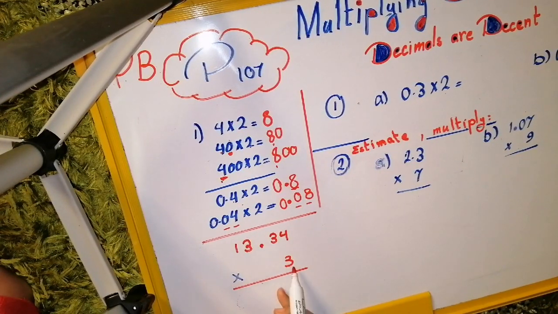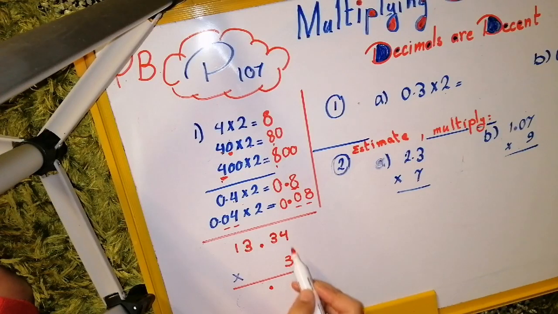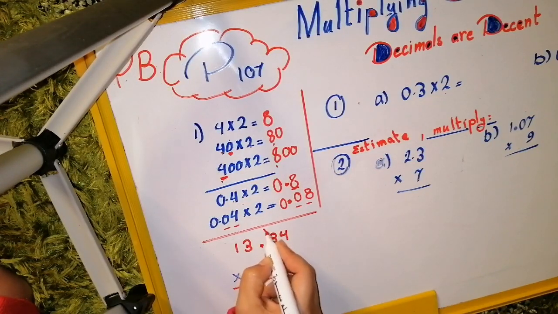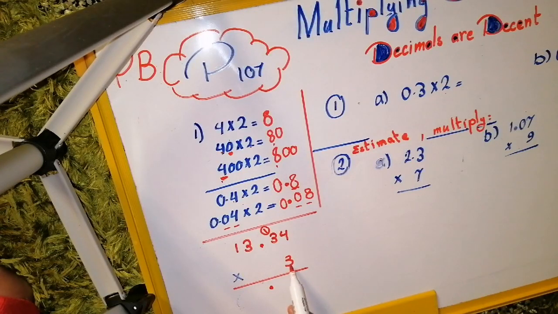Now I changed the 2 and I put 3 instead of it. So let's try the multiplication. As I said before, we put the point from the beginning. I have 2 places. Start from the smallest place, the ones place. 3 times 4 is 12. So 12, this is the ones. What am I going to do? I will take the tens with me. 3 times 3 is 9, and 1 is 10.